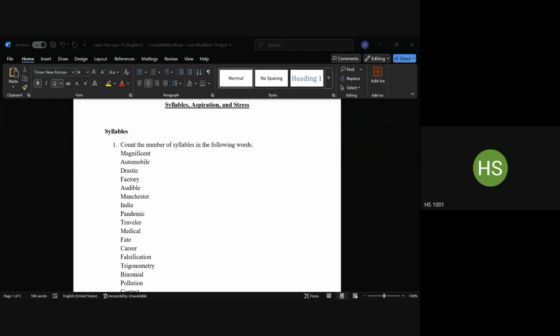So let's start then. The first word you have here is magnificent. How many syllables do you think? Look at the number of vowel sounds. The word is magnificent, right? So you have mag, ni, fi, and cent. These are four.